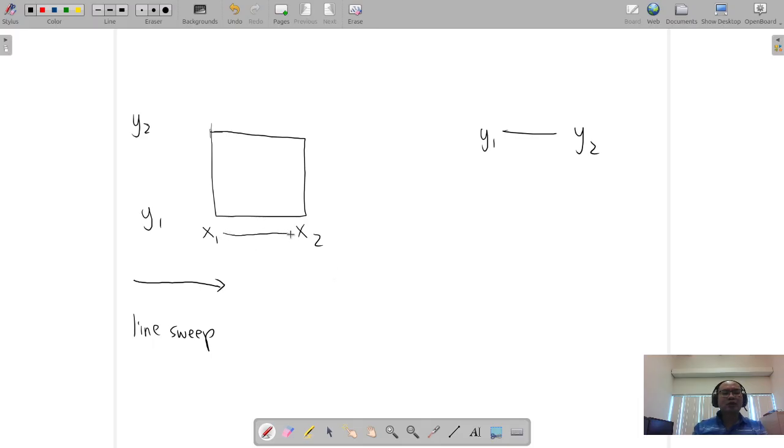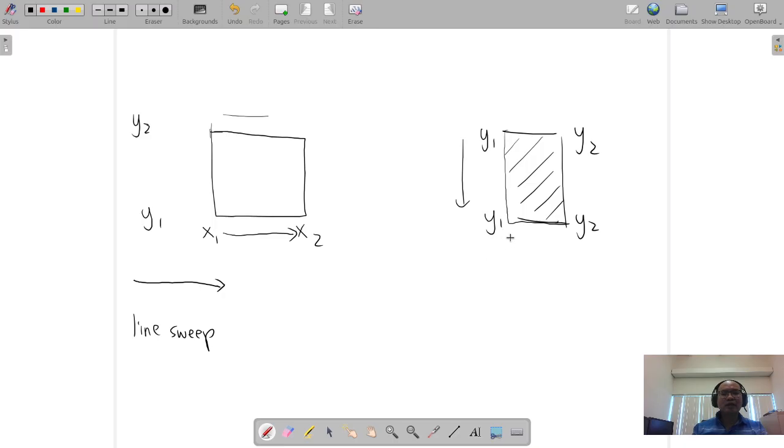As we sweep this way, the next thing that happens is when we get to x2, and we now know that while we still have this y1 and y2, we have swept this much. So now we can say, as we sweep this way, we can add this area to my consideration.